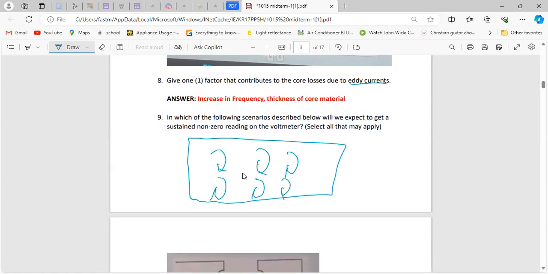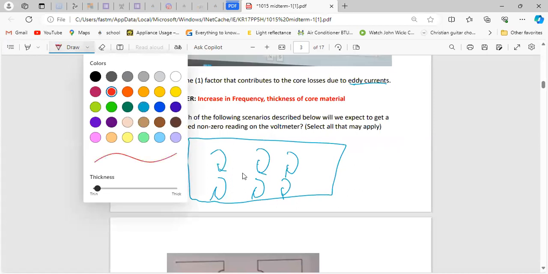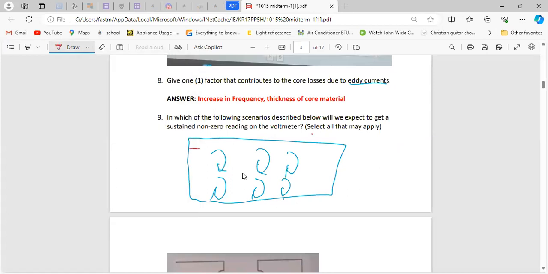These circulating currents are caused by the current continuously changing direction. So you really only see eddy currents in AC. Remember, one time it's going in this direction, and the next time it might be going in this direction.